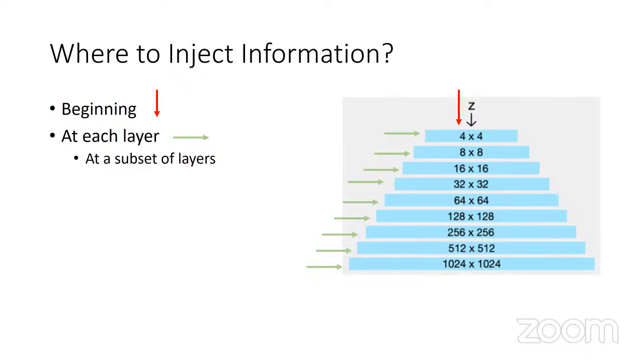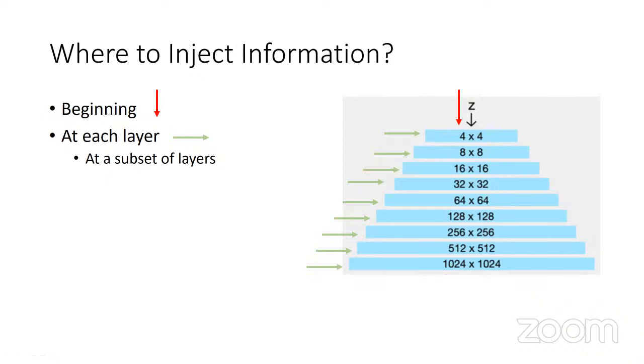And the choices for this architecture design are, what information do you insert at the beginning, and what information do you insert at each convolutional layer?